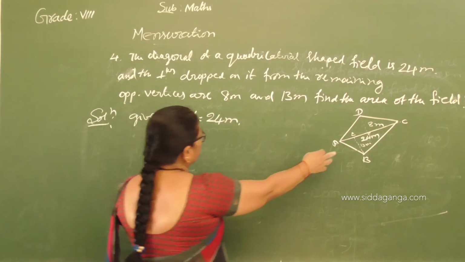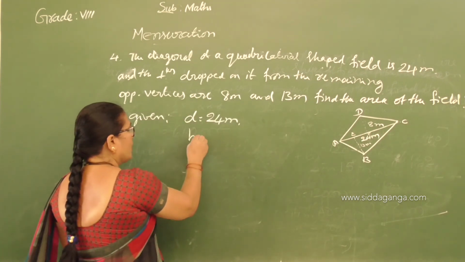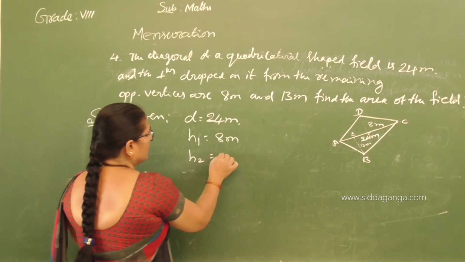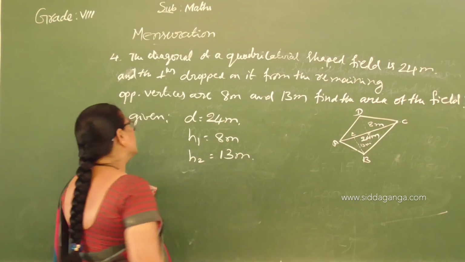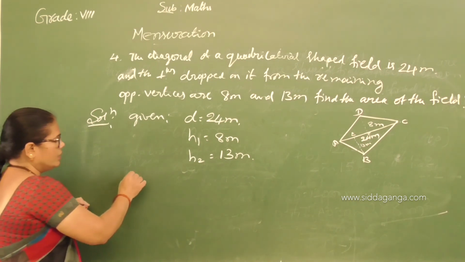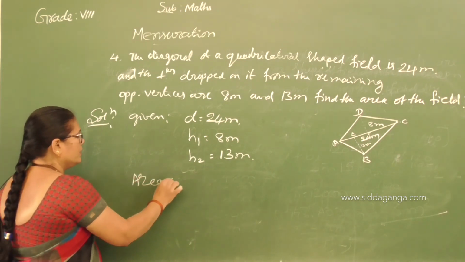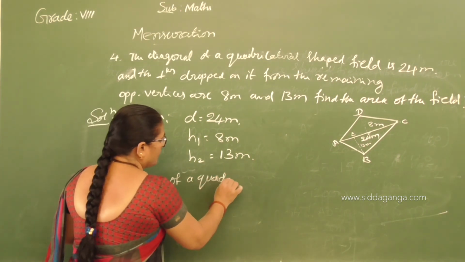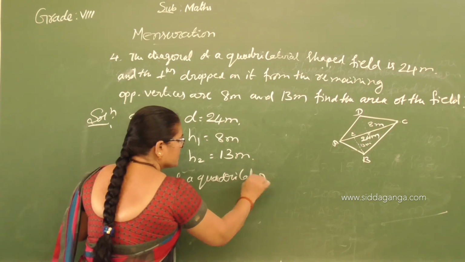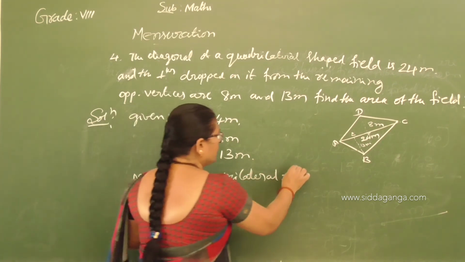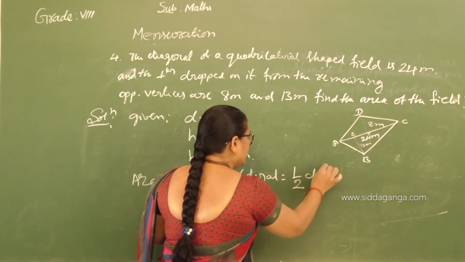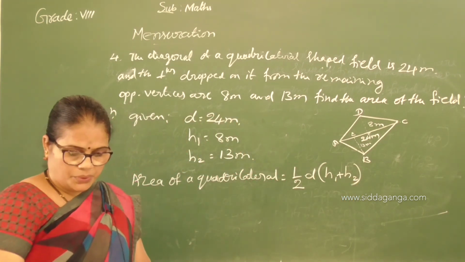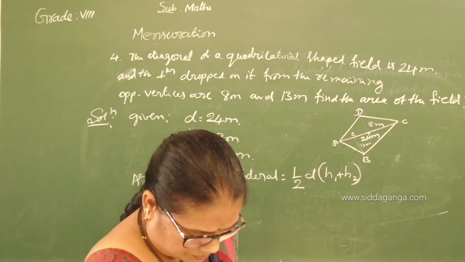Here perpendicular lines, H1 is equal to 8 meter. Then H2 is equal to 13 meter. Area of a quadrilateral is equal to half into D into H1 plus H2.